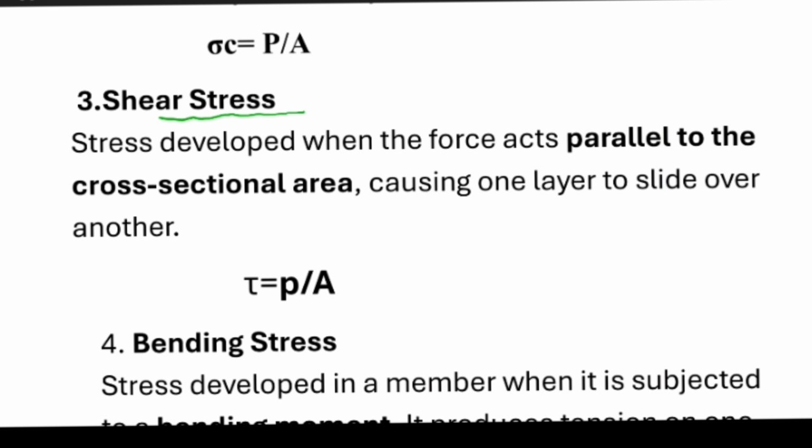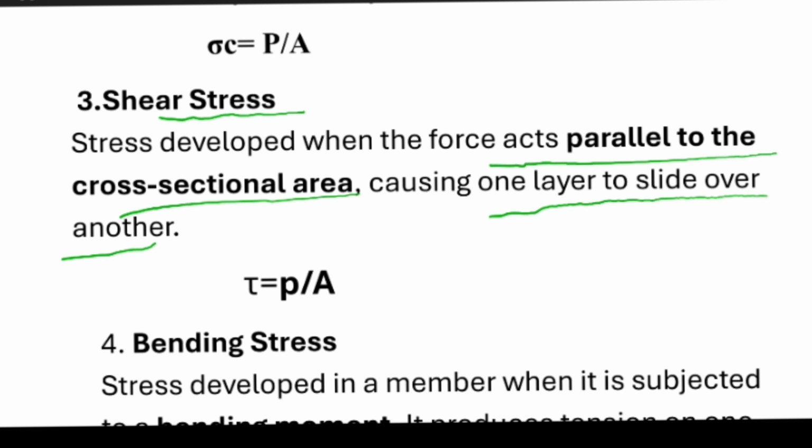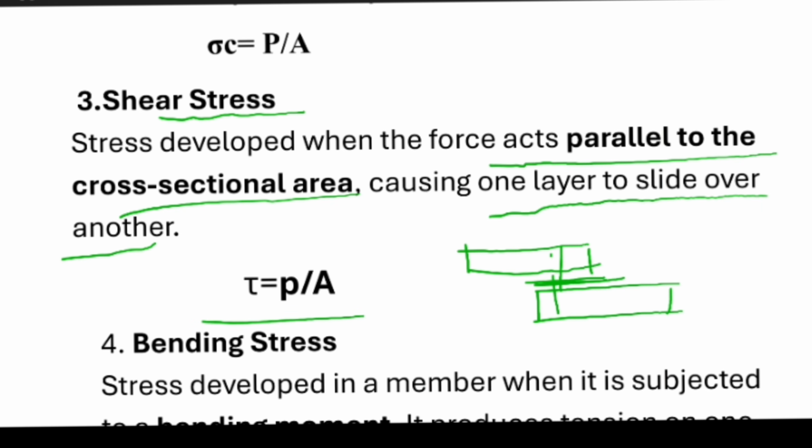Shear stress is the stress developed when the force acts parallel to the cross sectional area, causing one layer to slide over another layer. We call this shear force, the forces being parallel to each other. So the formula is tau is equal to P by area.